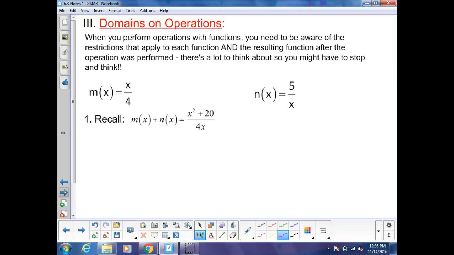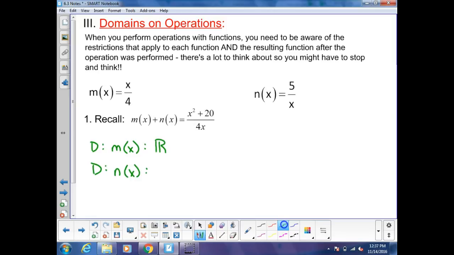So in order to find the domain of this operation, I first have to look at the domain of m of x. What is the domain of m? Do I have a fraction? Yes. Is the variable in the basement? No. Do I have a radical? No. So the domain then is all real numbers. Then I've got to look at the domain of n of x.